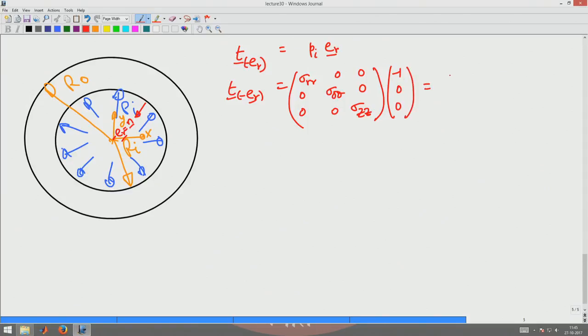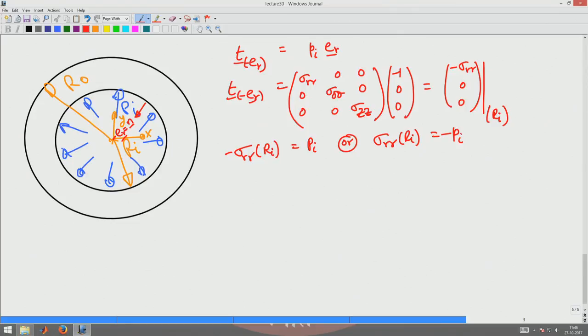So, this will give me minus sigma rr, 0, 0, evaluated at the inner surface, that is R_i. So, what I get is minus sigma rr at R_i is equal to p_i, or sigma rr at R_i is minus p_i.